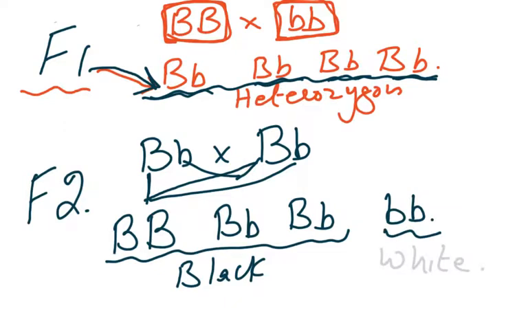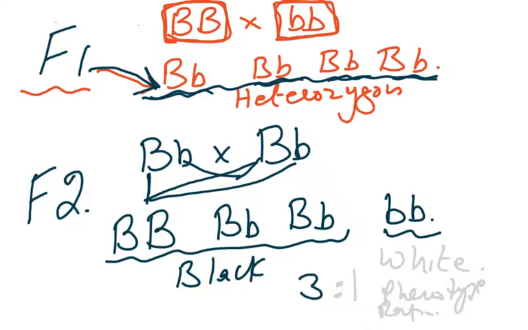So the phenotype ratio is 3:1. Phenotype means physical features. There are 3 blacks and 1 white, so 3:1 is the phenotype ratio, because when you look at them, we have 3 blacks and 1 white.